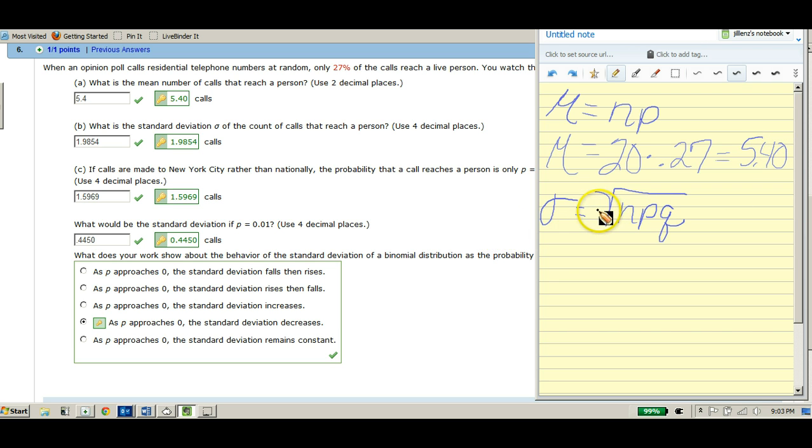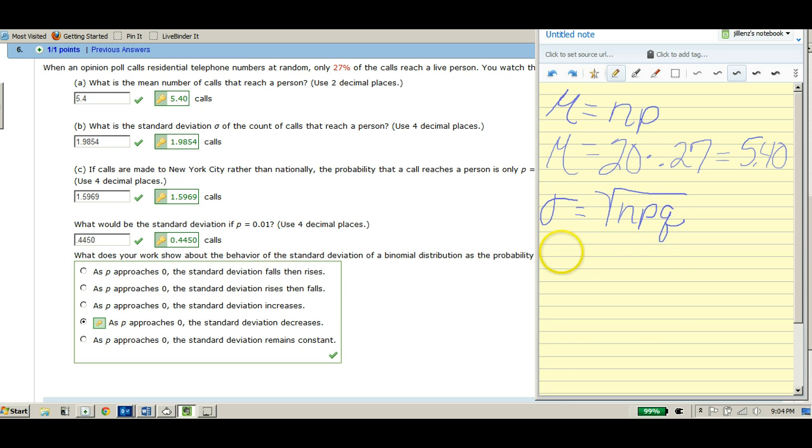The standard deviation is the square root of n times p times q, where q is 1 minus p. So if p is the probability that you reach a live person, q would be the probability that it doesn't reach a live person.